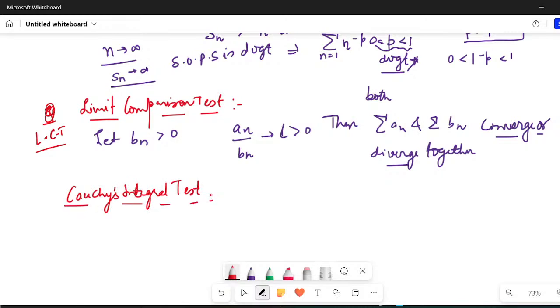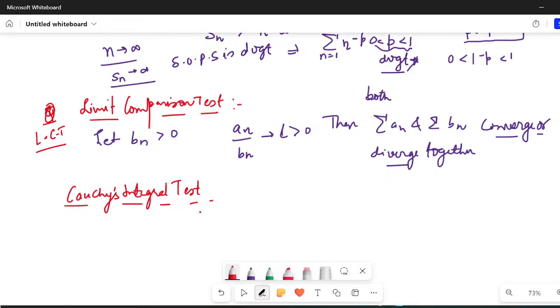And what does it say? It says that if you want to find the convergence or divergence of a series, replace it by an integral. So instead of finding a summation, try to find an integral. Let me show you its utility by an example.